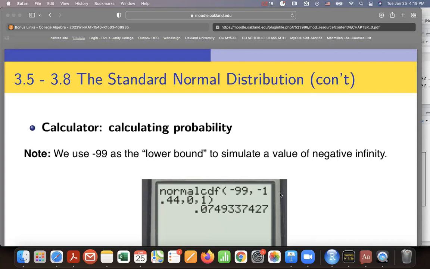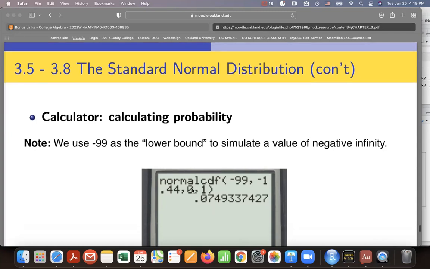Put in your z-score of Julie. Say Julie's z-score is -1.14, and comma 0, comma 1, and it will give you the probability. This example is not Julie's example, it's a different example, okay? They have a z-score of -1.44. Our z-score is -1.14.